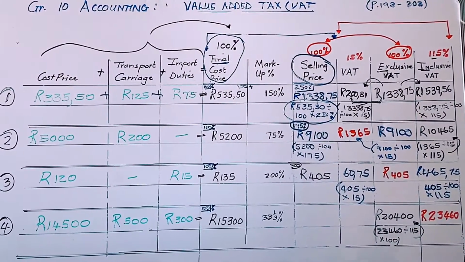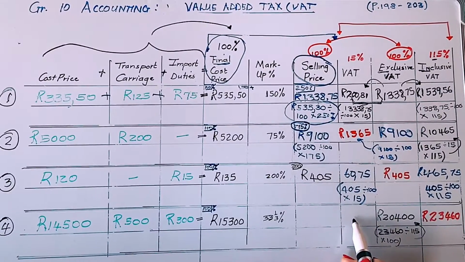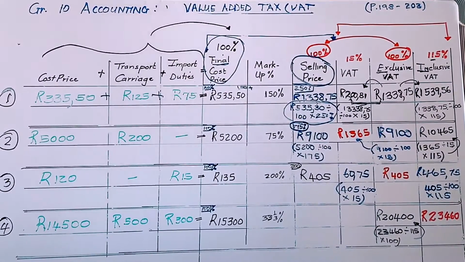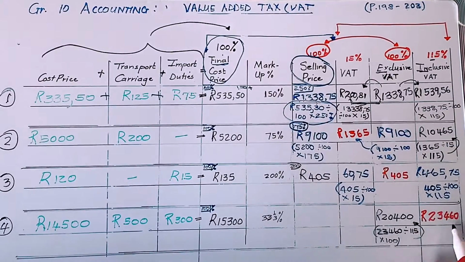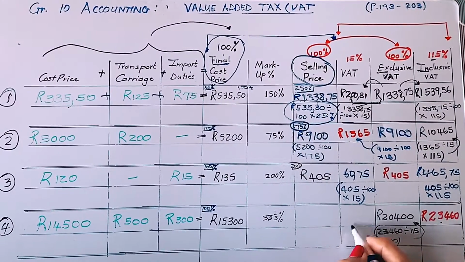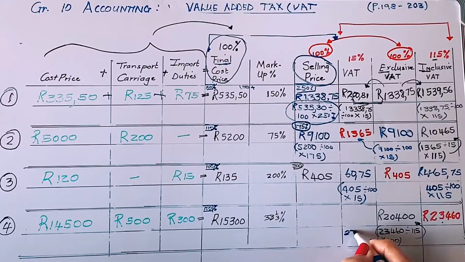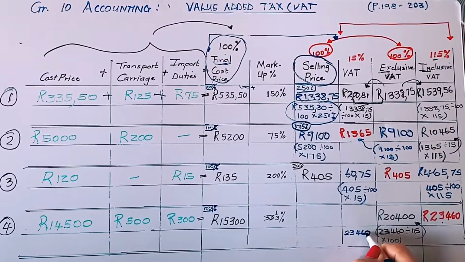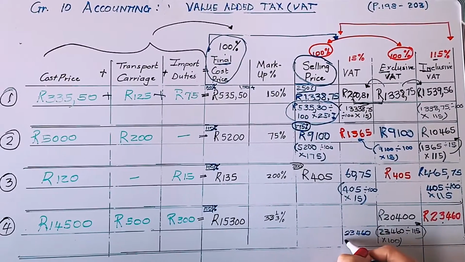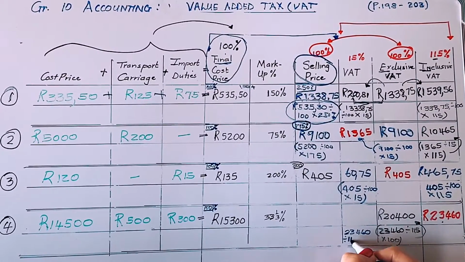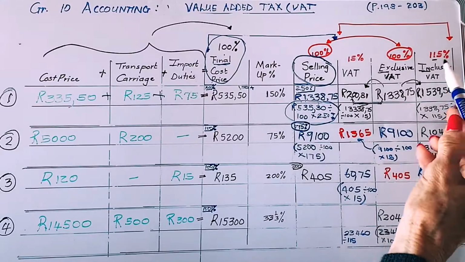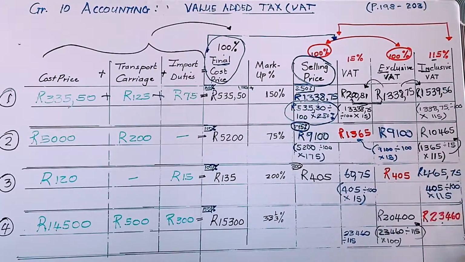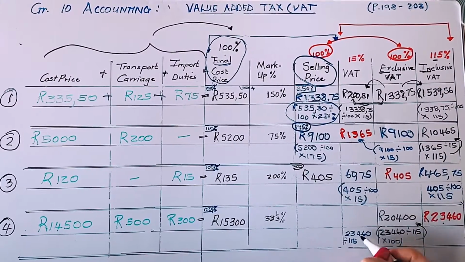20,400 rand. I'm going to follow the same process if I want to calculate the VAT amount. I'm starting with the amount given to me, 23,460. I will divide that with its percentage identity, which is still the 115.